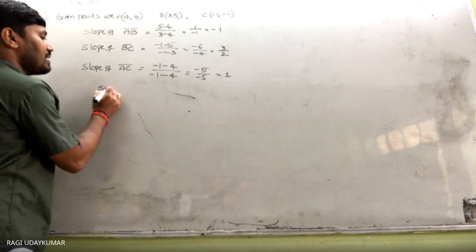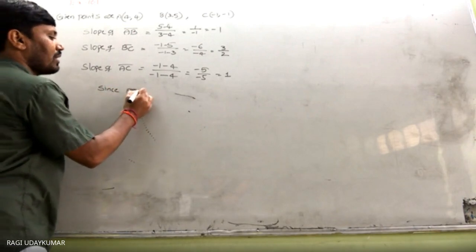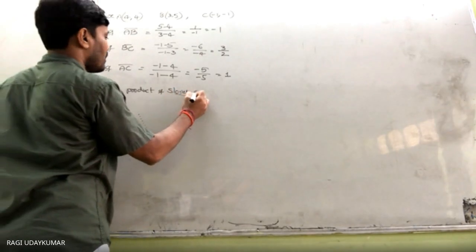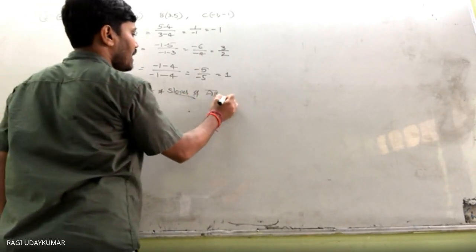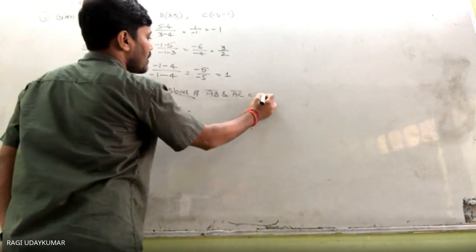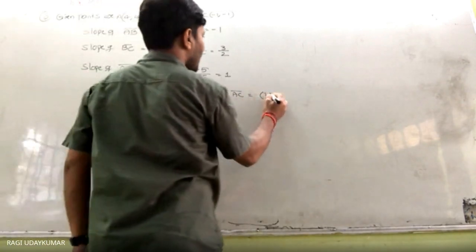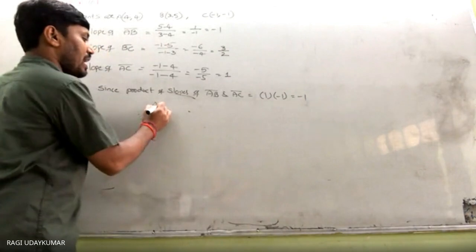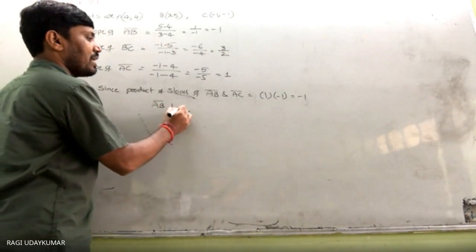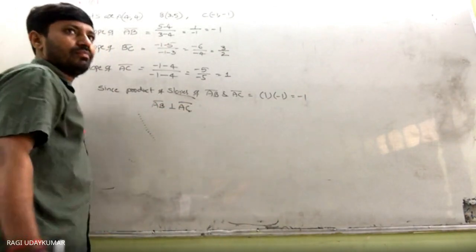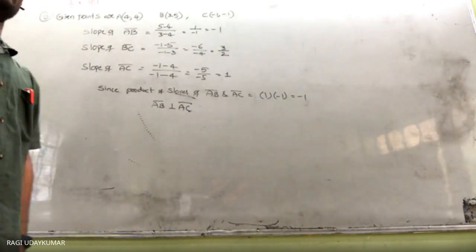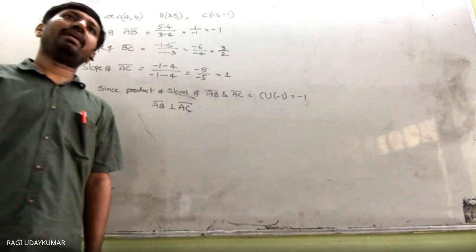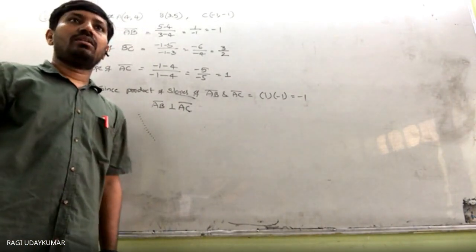Since the product of the slopes of AB and AC is -1, AB is perpendicular to AC. So where is the right angle, at what point is the right angle forming? Can anyone tell?